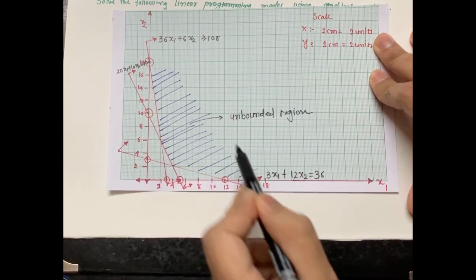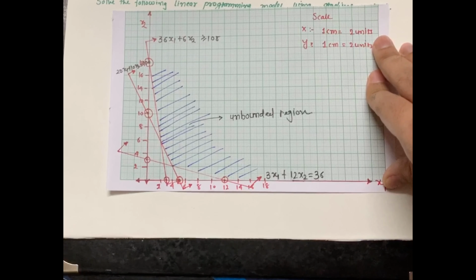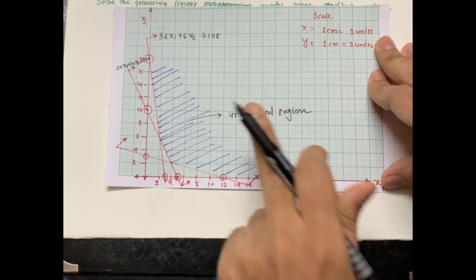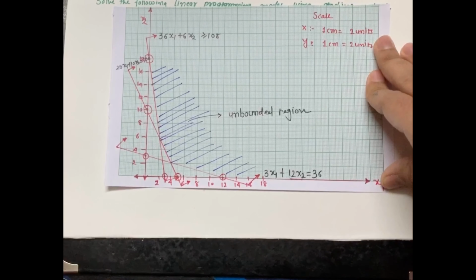If the region is a closed structure, a closed polygon of n sides, that region is referred to as a bounded region. This one is unbounded as it is not entirely closed. It is moving infinitely in an upward direction.